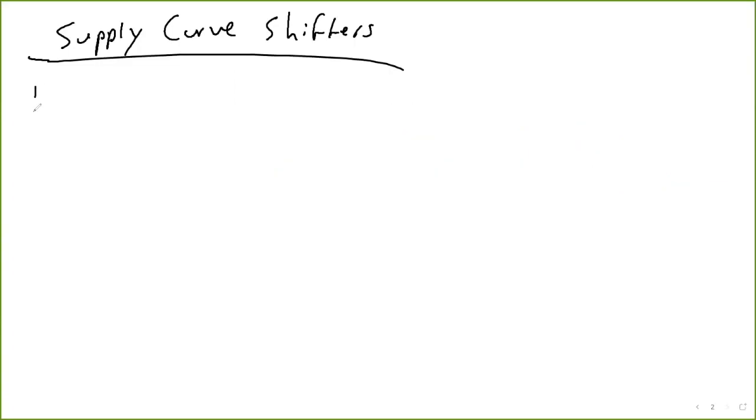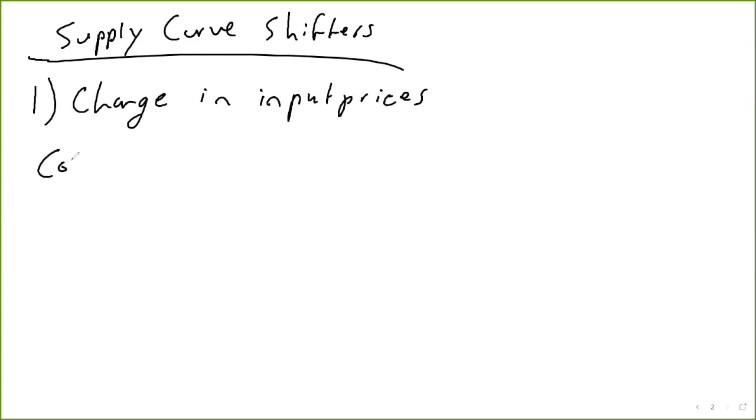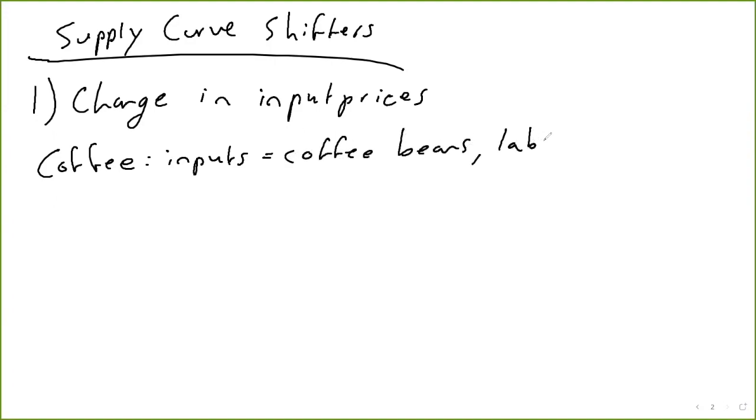So our first supply curve shifter is going to be a change in input prices. So in the case of coffee, the inputs are going to be things like coffee beans, labor, water.